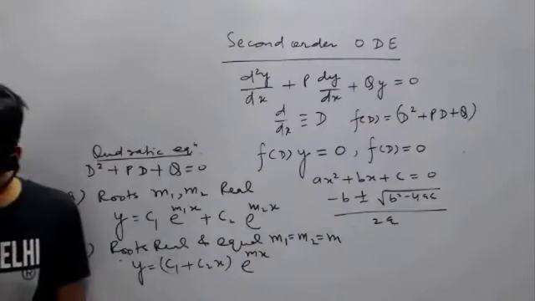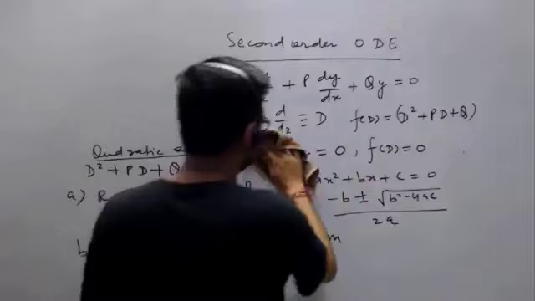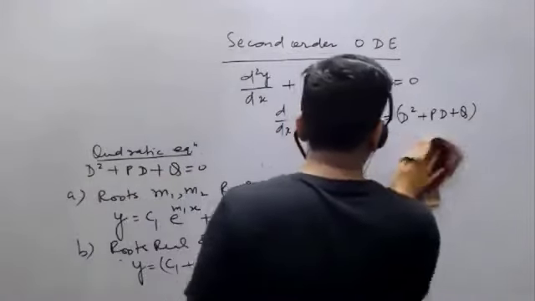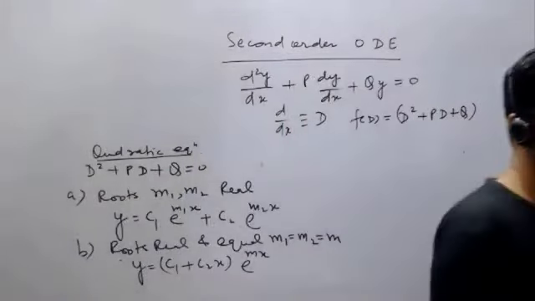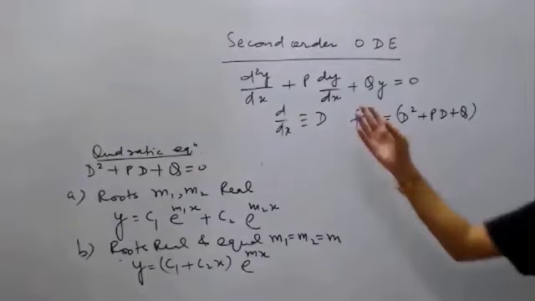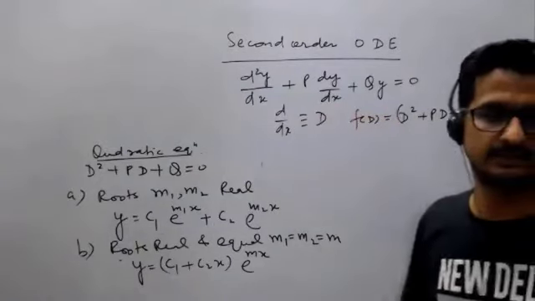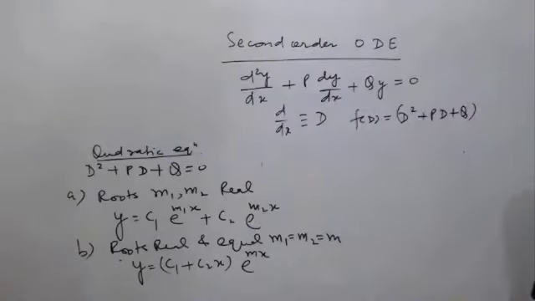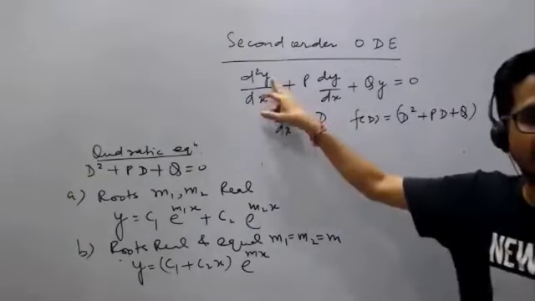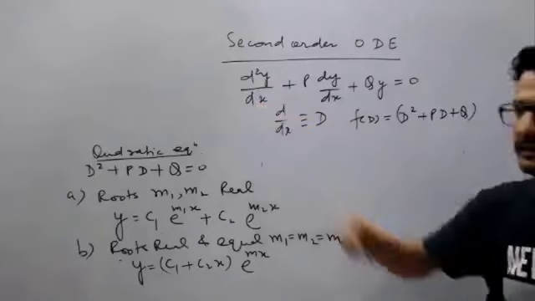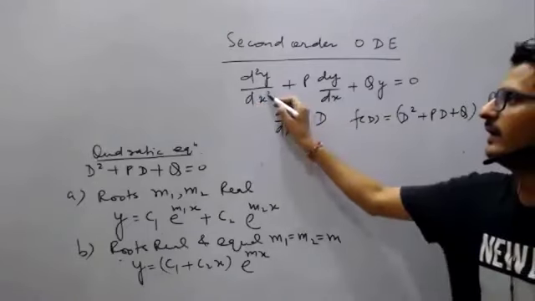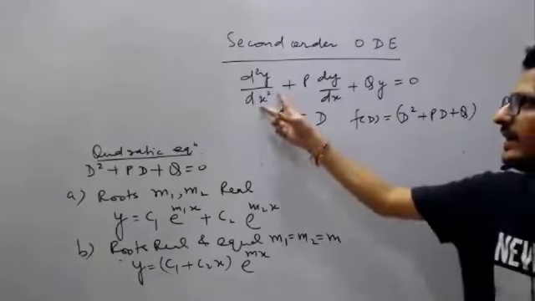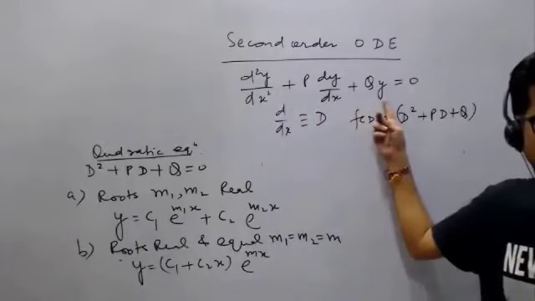And the third case is... y equal to 0 will also be a solution, but we are not interested in that. This y is varying with x. Here it is the double derivative, single derivative, and the function itself.